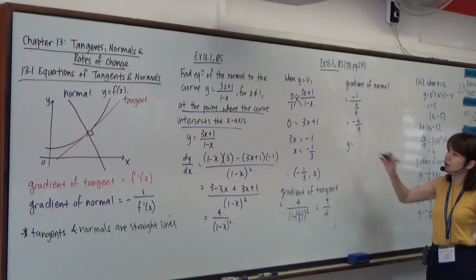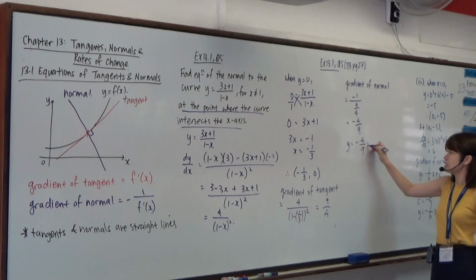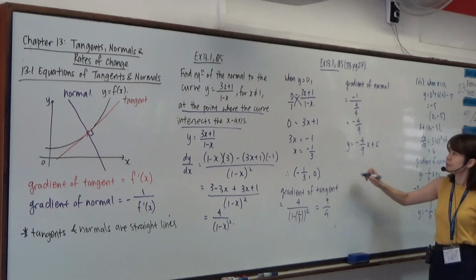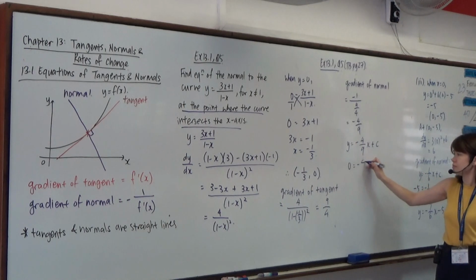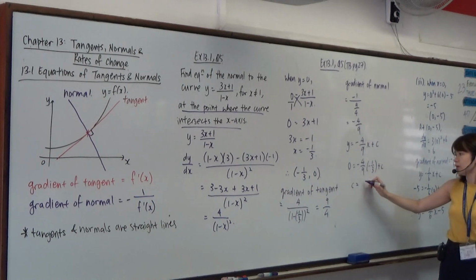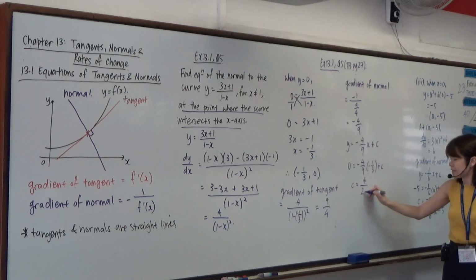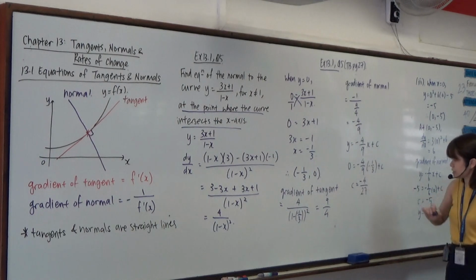Therefore, the equation of the normal will be y equals negative 4 over 9 x plus c. And at negative 1 third, 0, we find that c would be equal to negative 4 over 27.